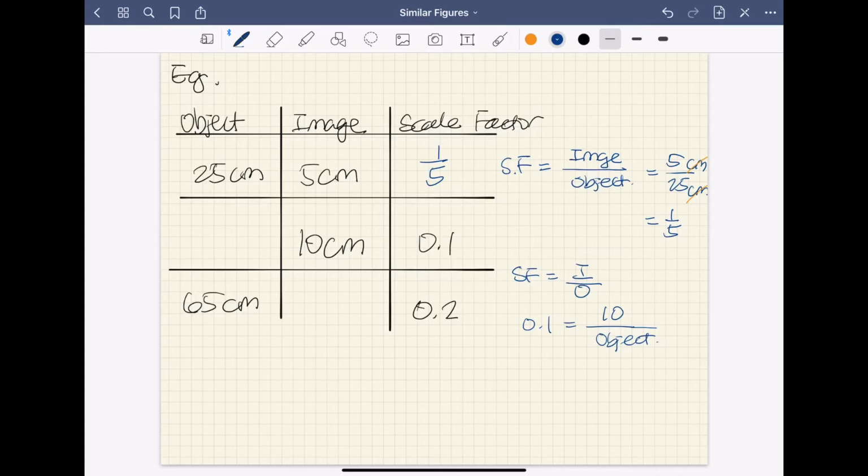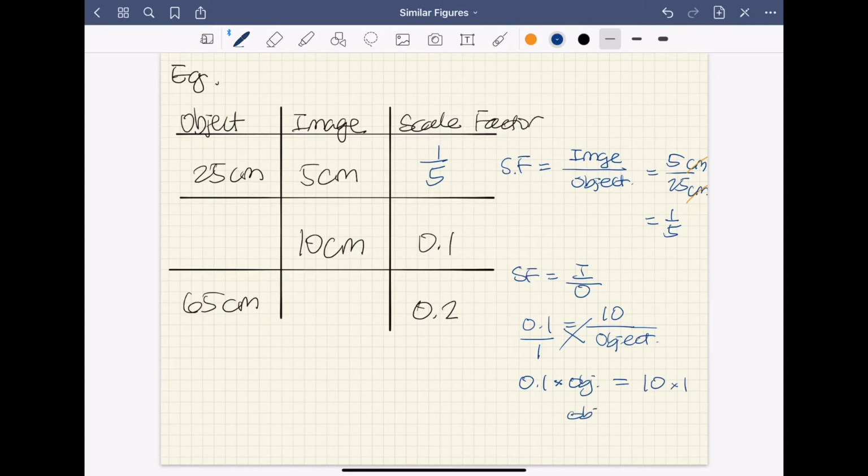So to find the object, I'll need to multiply the object on both sides and divide by 0.1. Or if you want, you can use cross multiply. So we know 0.1 times the object is equal to 10 times 1.